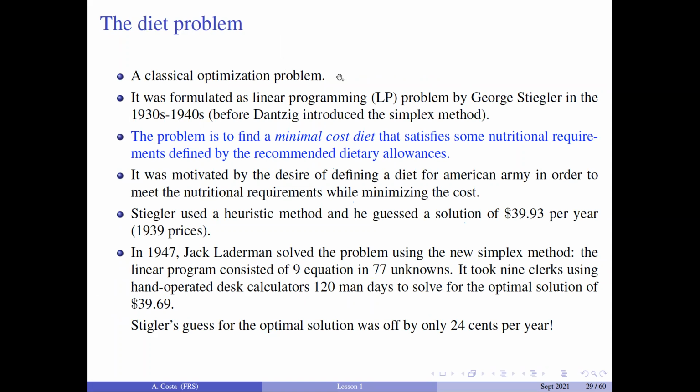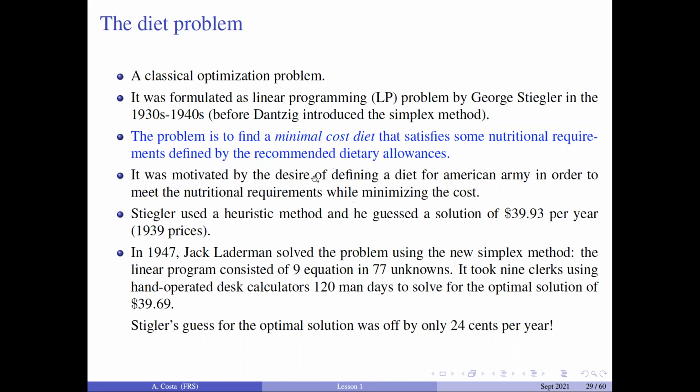So just quickly, the diet problem is an example I want to show. This is a very classical optimization problem, very old. The idea was that you have to find a minimal cost diet that satisfies some nutritional requirements. So basically imagine that you have some food, right? And different foods have different amounts of vitamins, and they have different costs. So the question is, what is the choice of foods that cost the minimum possible but satisfy all the requirements of vitamins, for example?